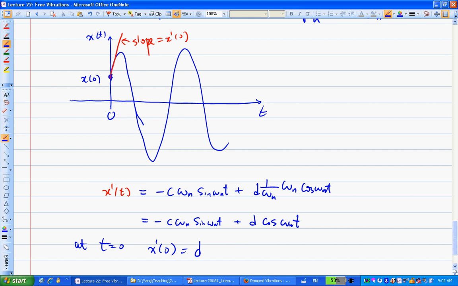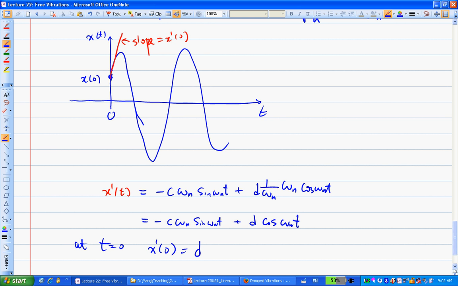For example, in this case I must have a positive initial velocity because it's going up here. If you have a negative initial velocity, the sinusoidal curve should go down. So what if I have initial velocity 0? What would you expect at the beginning here? It's a peak, right? Yeah.